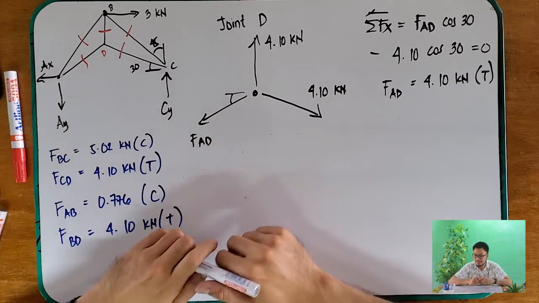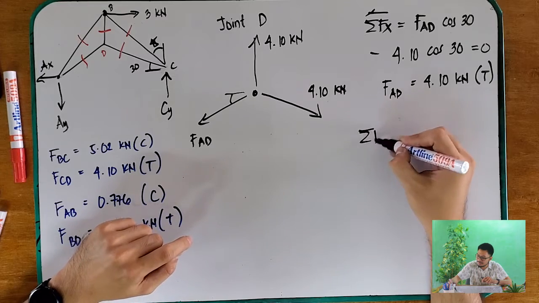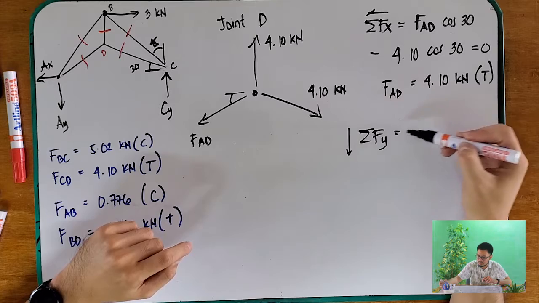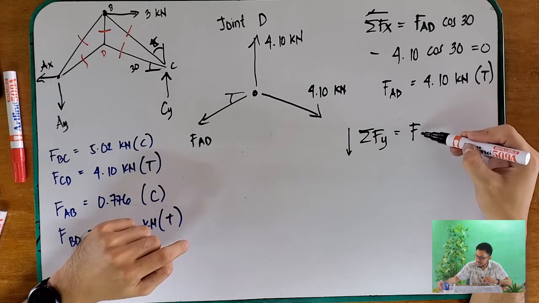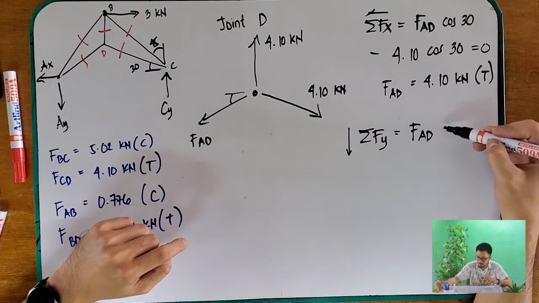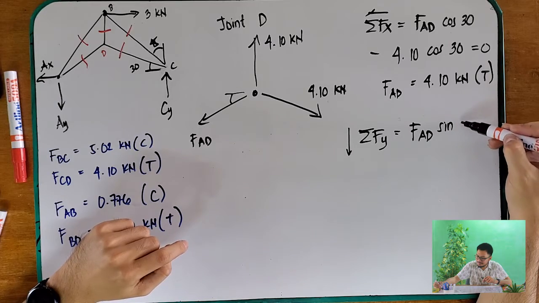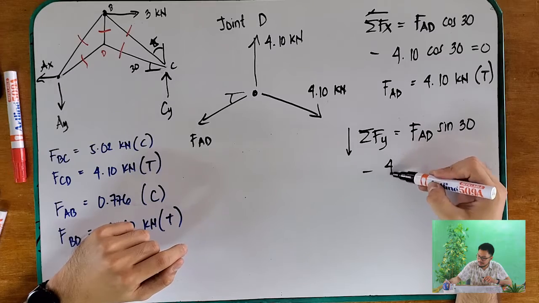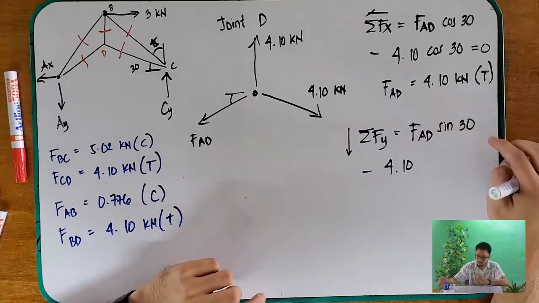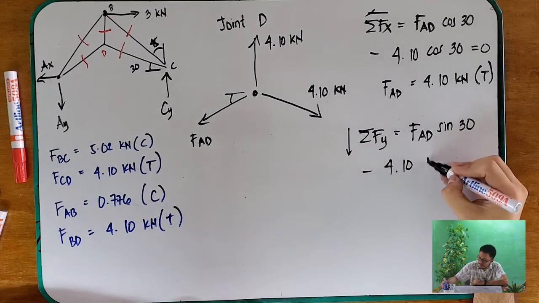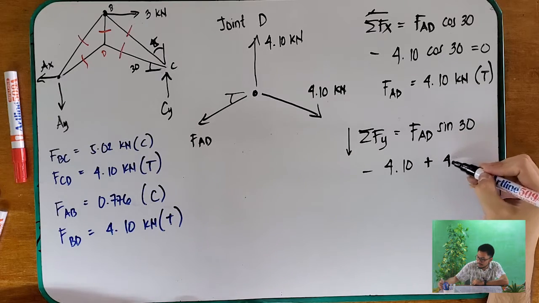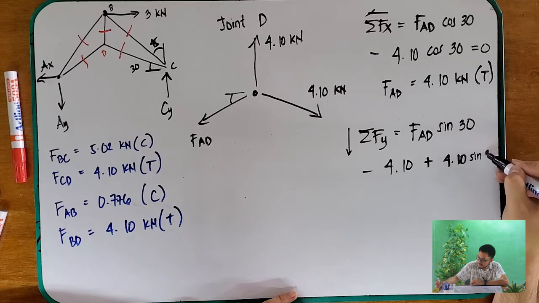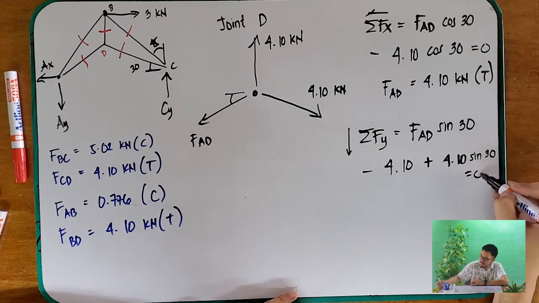Yeah. And if you are going to use summation of forces along the y, FAD sine of 30 degrees minus 4.10, and then plus 4.10 sine 30 equals to 0.